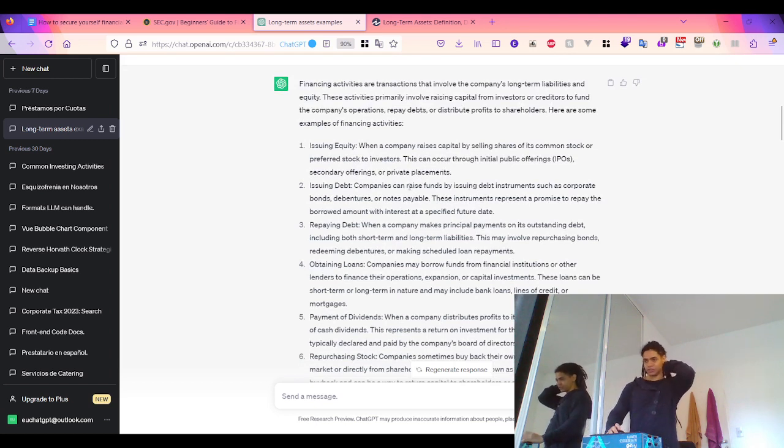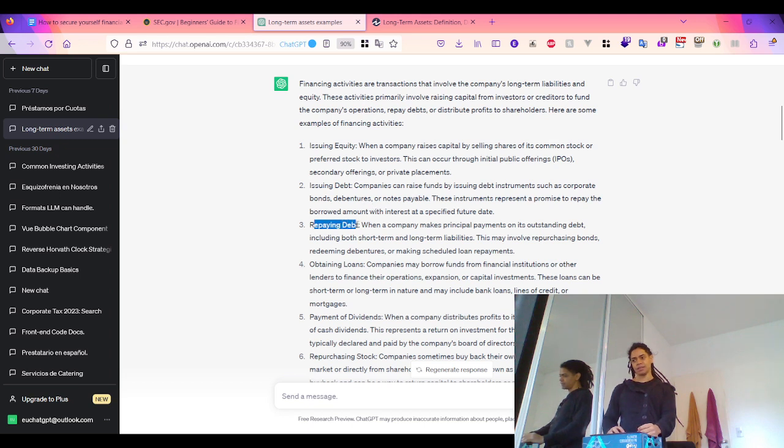And here are some examples of financing activities. When a company raises capital by selling shares of its common stock or preferred stock to investors, this can occur through an initial public offering, secondary offering, or private placement. Issuing debt: a company can raise funds by issuing debt instruments such as corporate bonds, debentures, or notes payable. These instruments represent a promise to repay the borrowed amount with interest at a specified future date.